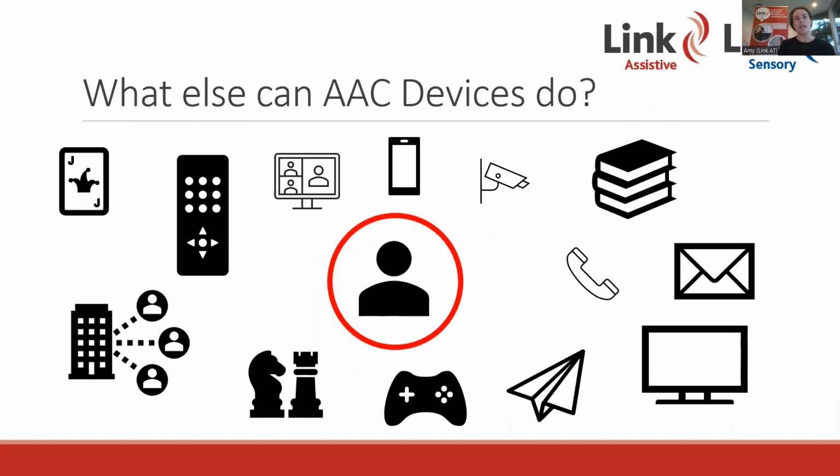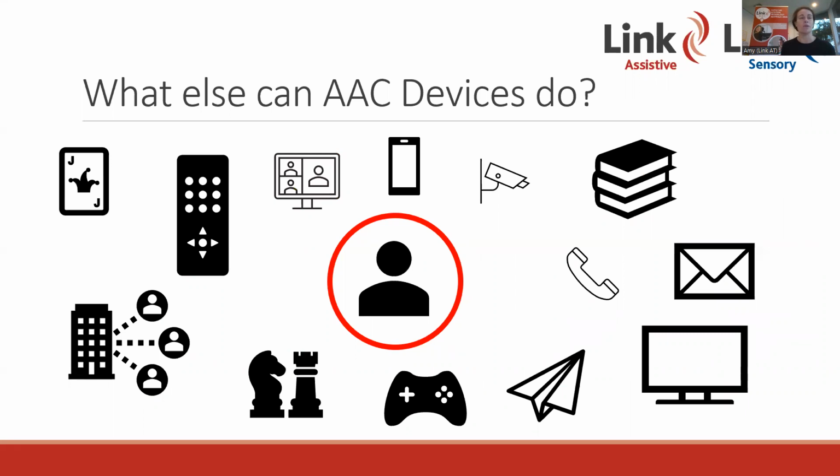So if we think about today and what we're talking about, the person is at the centre of any kind of assistive technology that we're trialling and potentially applying for. So in terms of our AAC devices or communication devices, we're now getting much more integration with accessing computer, accessing environmental controls.